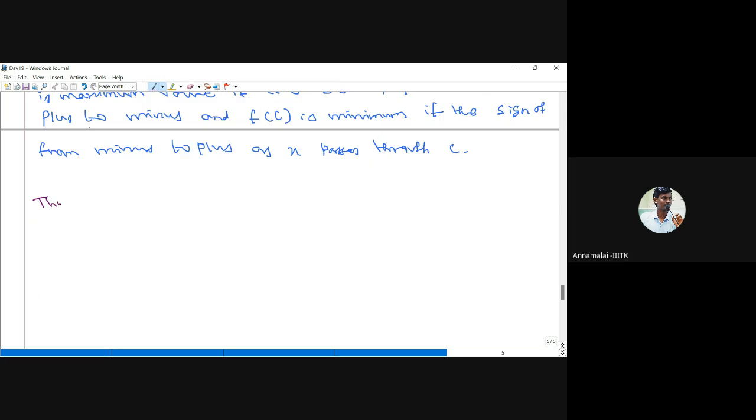So, problem exercise: take the function f of x equal to x power 5 minus 5x power 4 plus 5x power 3 minus 1, where x varies in the real numbers R. Now find the values of x for which the function is maximum and minimum.